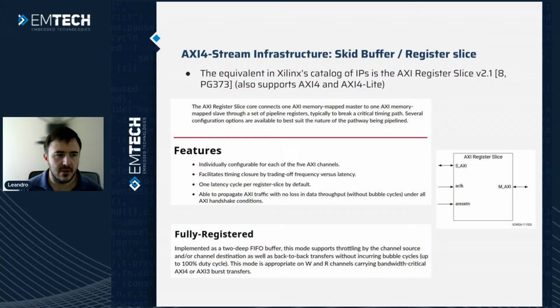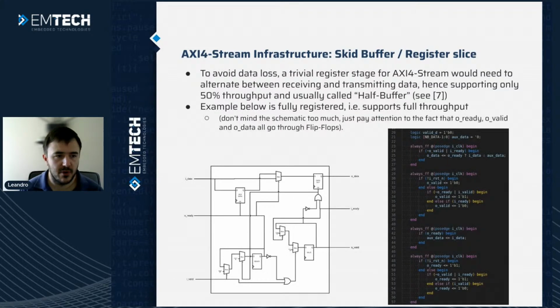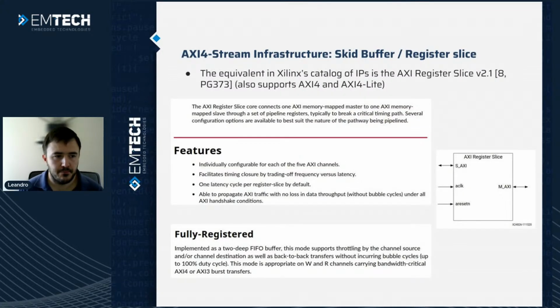The most important thing is that it says the same as what I was mentioning before. This is fully registered. It's implemented as a 2-deep FIFO buffer, which you can see in the previous design as well. You can see that the data has 2 flops, a main one and an auxiliary one. So this is telling the same thing. It allows up to 100% duty cycle, so you can deal with having no bubbles. Bubbles and stall cycles are pretty much the same, right, inside the data path.